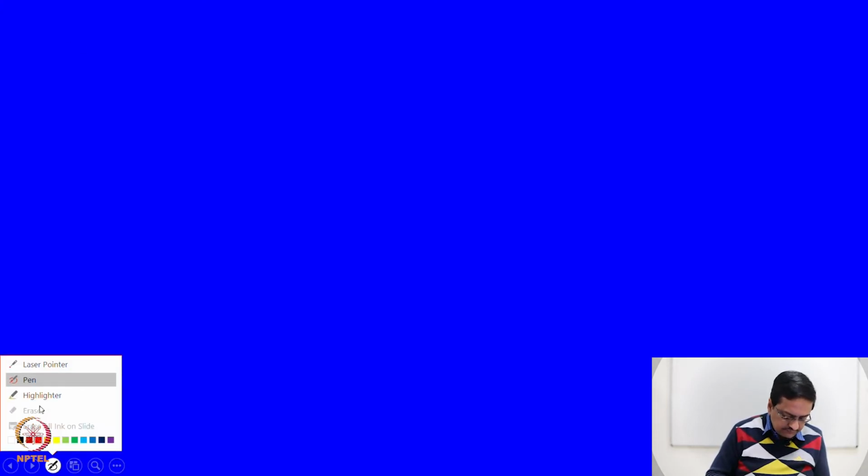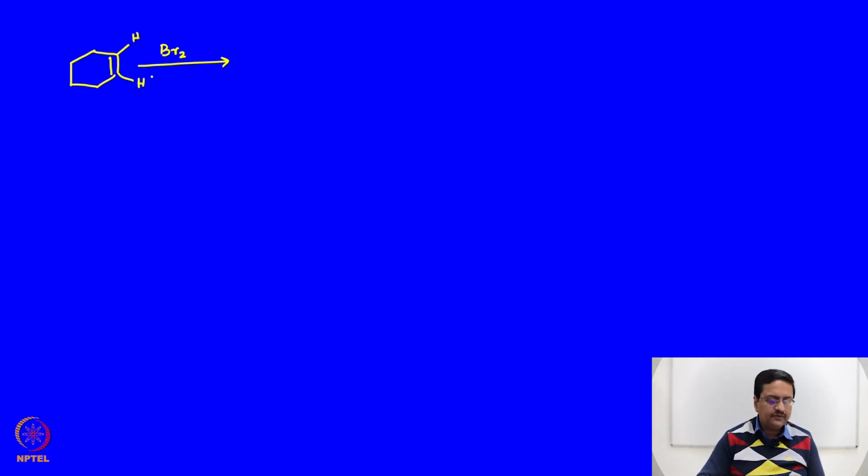Suppose we have a cyclohexene and we try to do a bromination reaction. What we know for a bromination reaction, as we did in the previous class for the alkene, is that the bromonium ion could be broken from either side and form two different compounds.